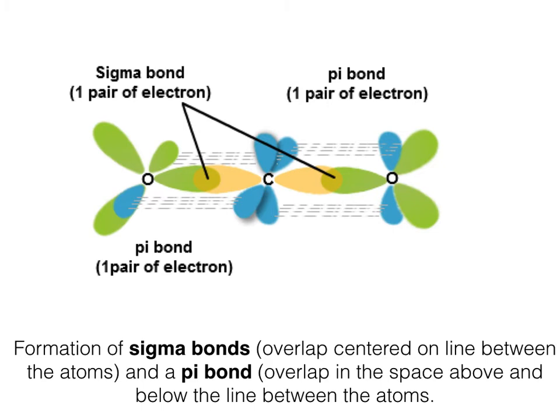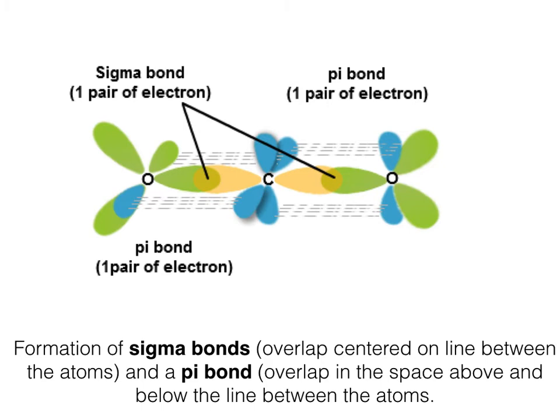So we can see the green lobe of an oxygen overlapping with the yellow lobe of the carbon atom. That gives us a sigma bond. So there's one carbon-oxygen bond between carbon and each of the oxygens.